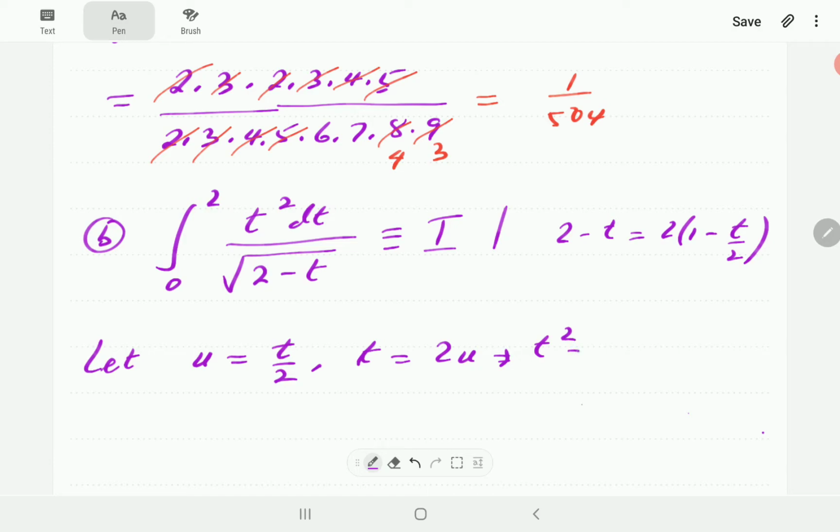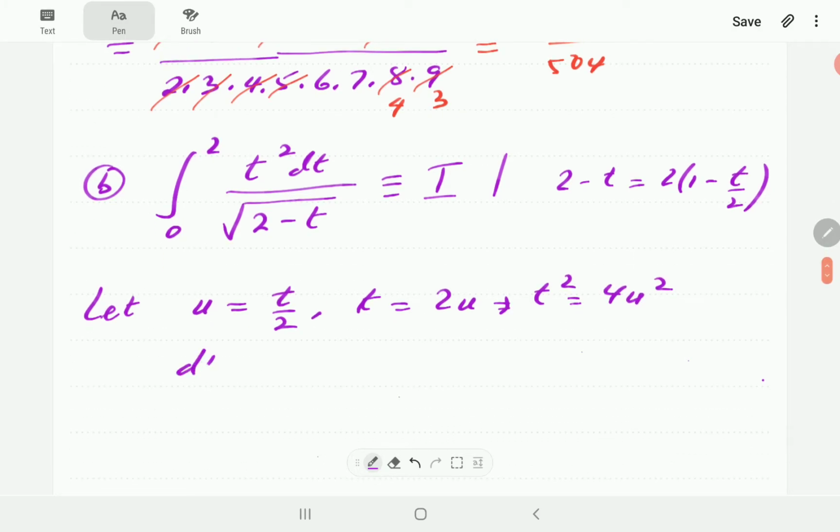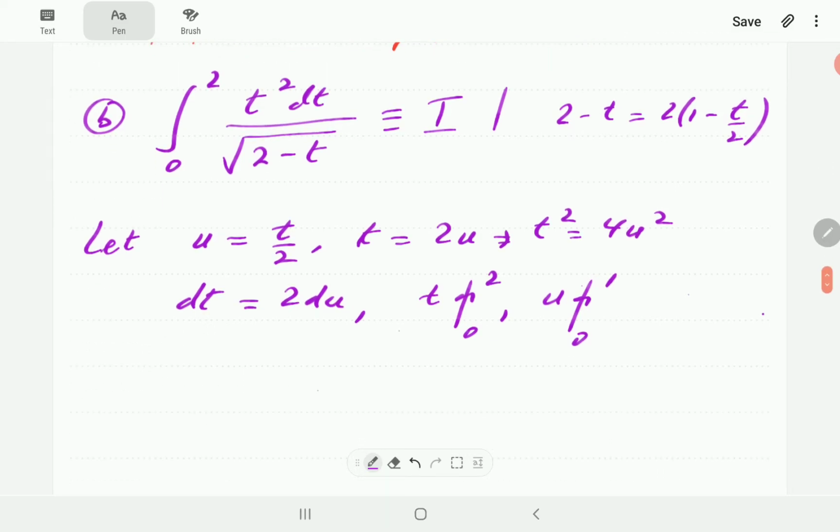So t squared is going to be 4u squared, dt is going to be 2 du. And then when t is 0, u is going to be 0. When t is 2, u is going to be 1, which is now the standard beta function limits.